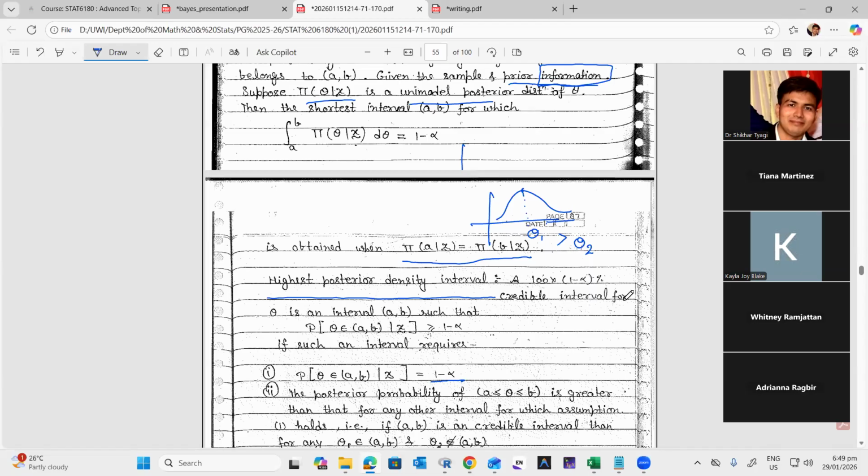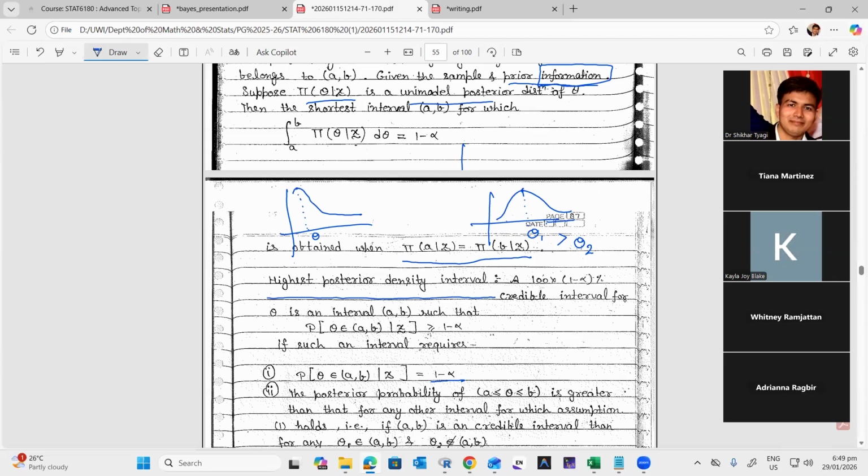Yes or no? If it is a gamma distribution, it looks like this, right? The highest probability is here, so there will be a single value of theta.